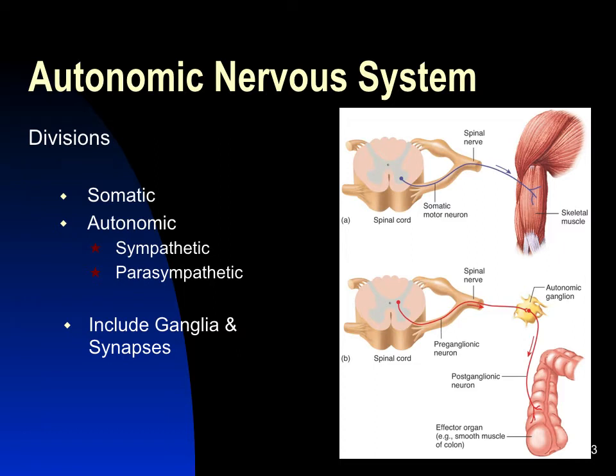And then there's two neurons that go to the organ. There's a preganglionic fiber, a synapse, and then a postganglionic fiber. So there's a nerve going to an organ, but it's different because it's got a ganglia and a synapse. And so whenever it's going to a gland or to an organ, there's going to be somewhere a synapse outside the central nervous system.